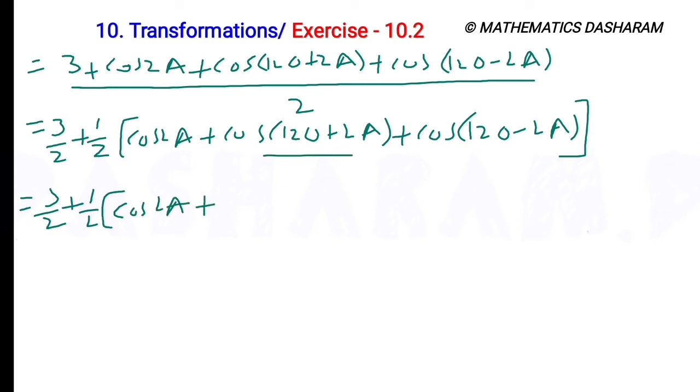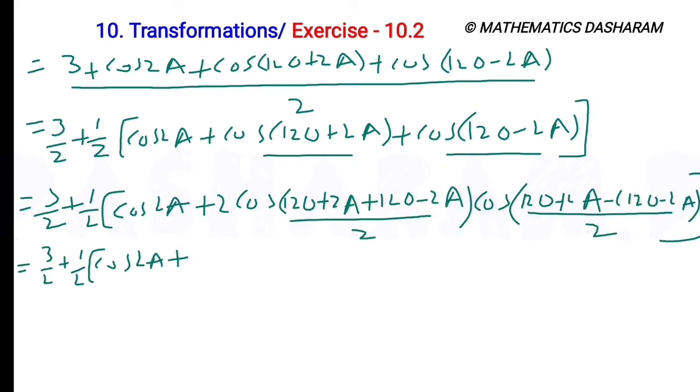Here apply the cos C + cos D formula: 2 cos((C+D)/2) into cos((C−D)/2). Now 2A minus 2A cancel, 120 plus 120 gives 120, and 120 minus 120 cancels, so 2A.